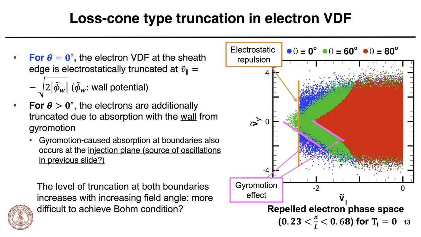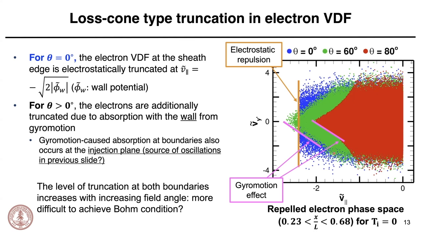And so essentially the goal is to characterize this sort of lost cone truncation for different field angles. And then by doing that, we can have a characterization of sheath edge VDFs, and we can use the 0th moment or the first moment of that to now rederive the sheath edge conditions.